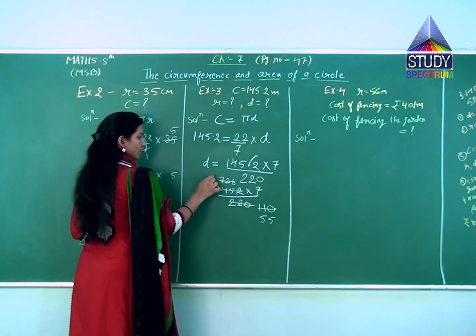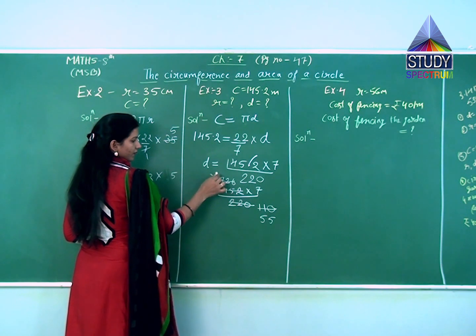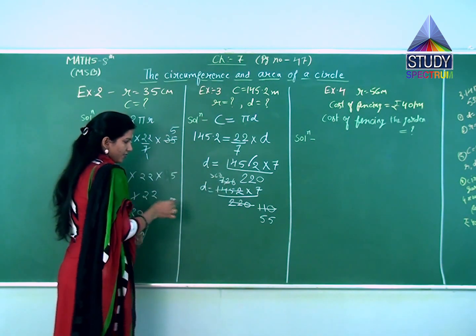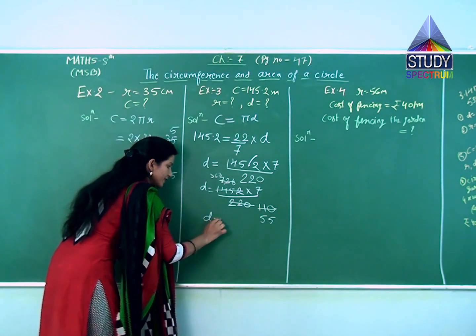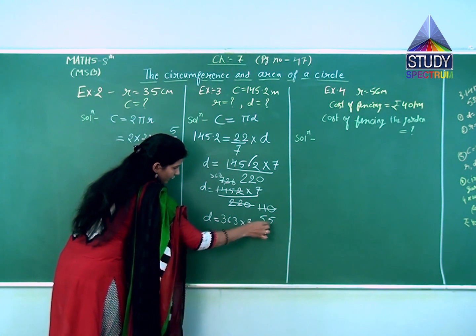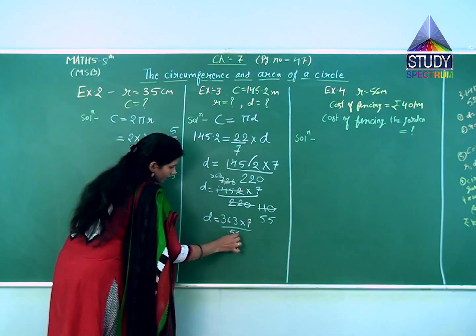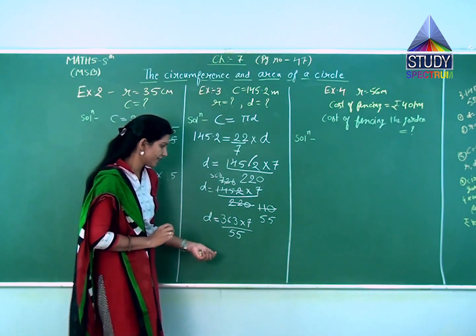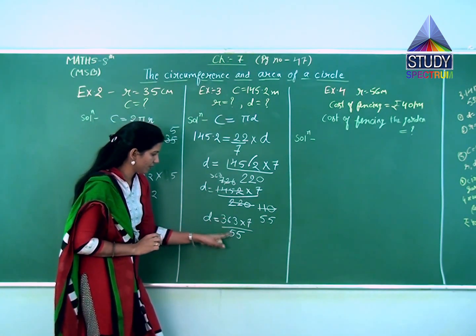Here 2 threes are 6, 1 remainder, 2 sixes are 12, and 2 threes are 6. So d is equal to 363 into 7 upon 55. Now see, we can divide these two numbers by 11.